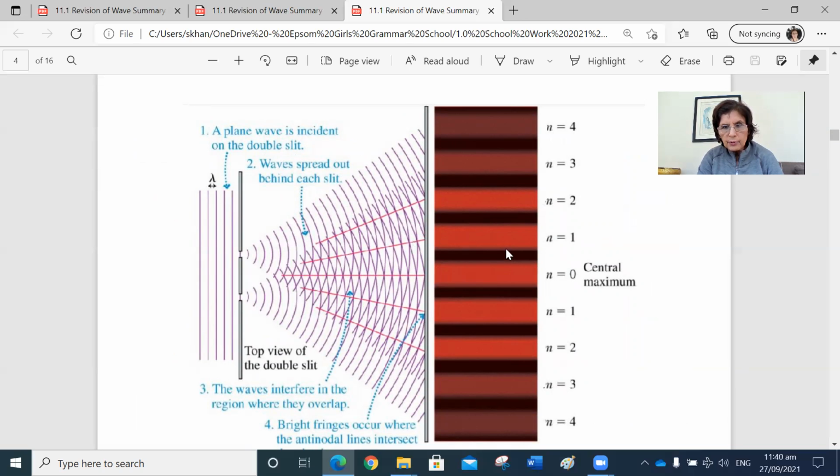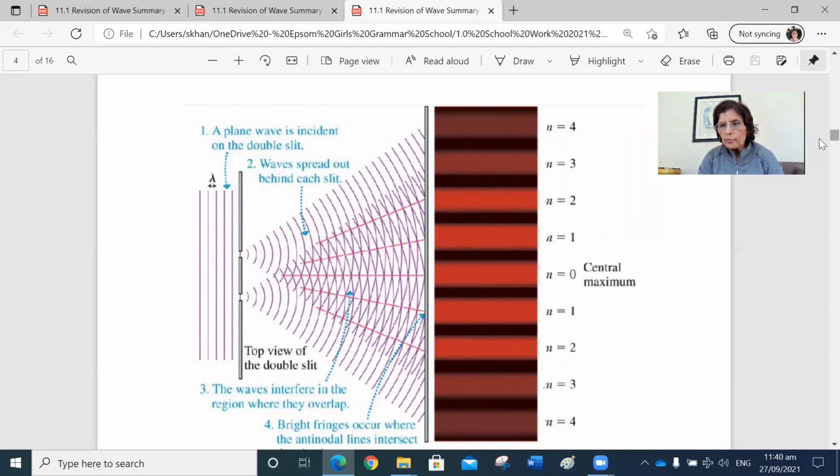Over here, the path difference is 1, and here the path difference is 2. These are the bright lights where constructive interference is happening, and these are the values of the path differences. In between, destructive interference happens. The path difference for this one will be 0.5, 1.5, and so on, and the same on the other side.